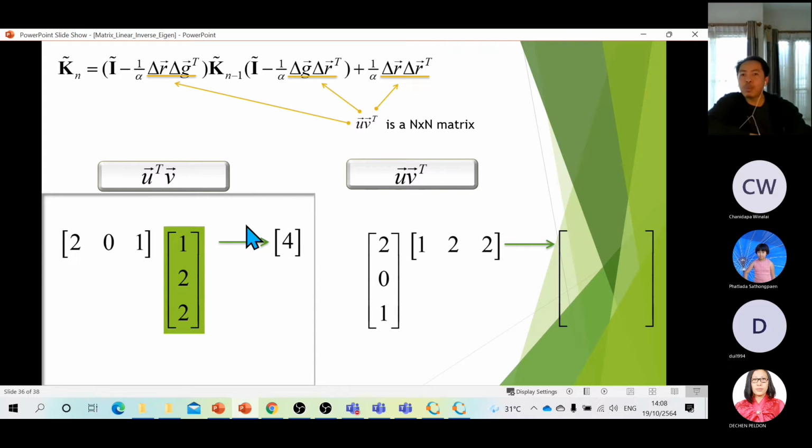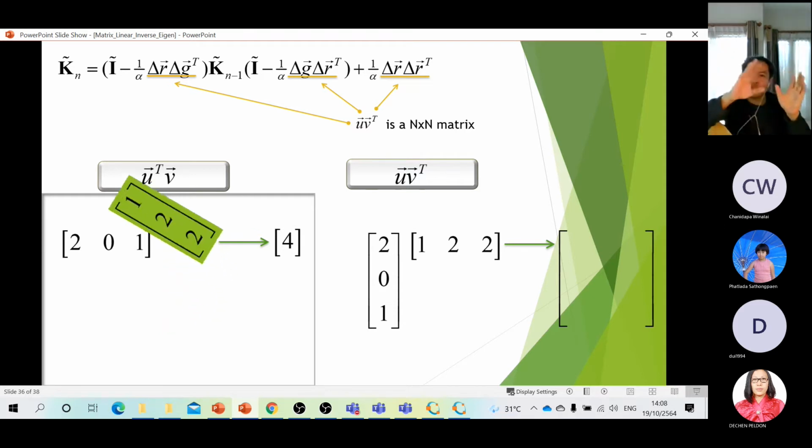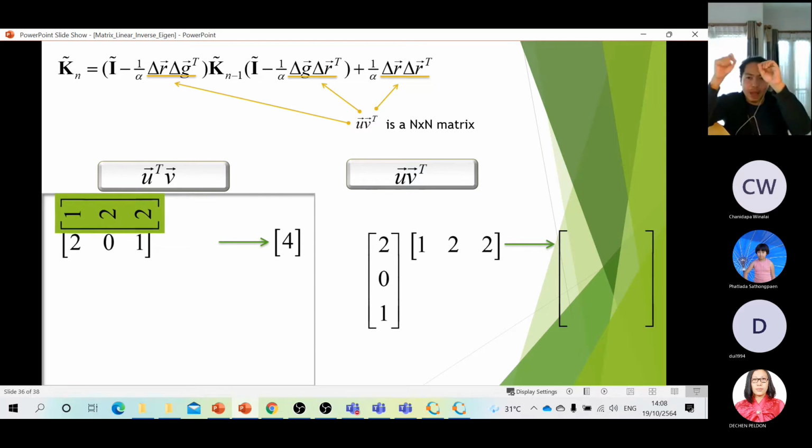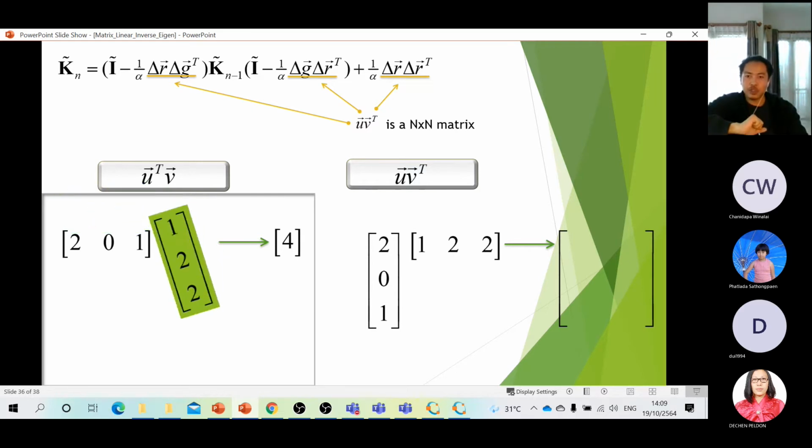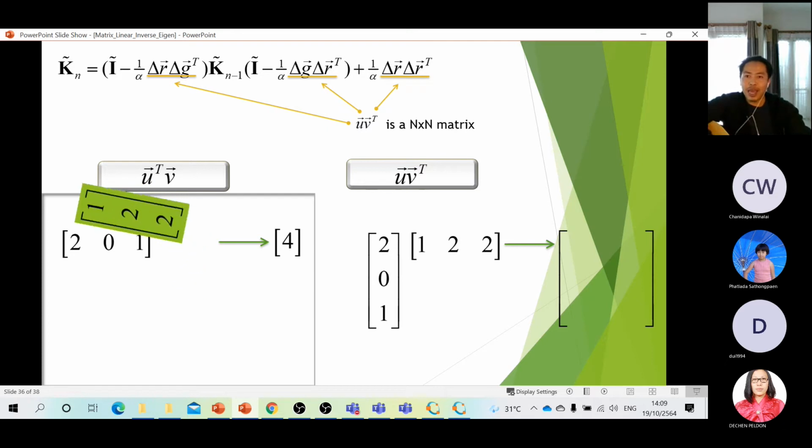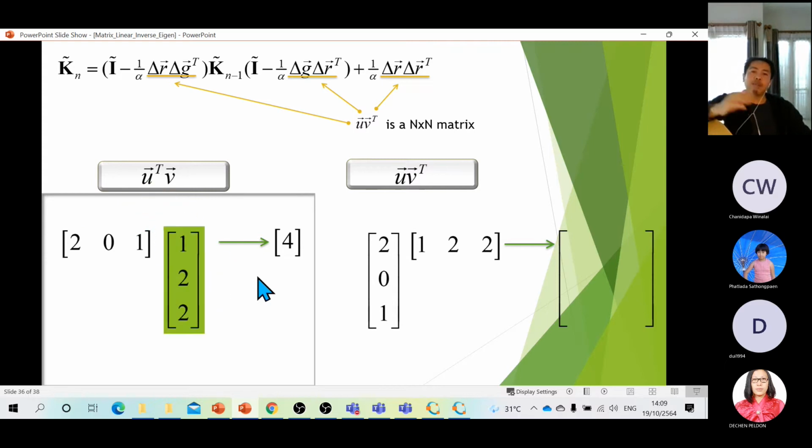When you multiply these two together, as I told you at the beginning of the previous lecture, imagine in your head picking that up, rotating it, coupling the elements and multiplying them, you get 4. That's a simple dot product of the vectors.